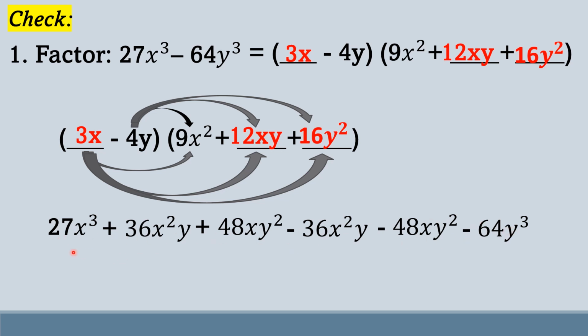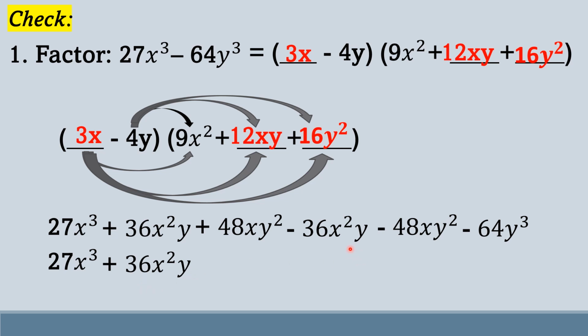Then after that, examine the partial answer. Now we are going to combine the like terms. So examine if there are like terms, and if there are, we're going to combine them. Since we only have one in the power of 3, we have 27x cubed. We're going to arrange them to make them easy to see. So we have 36x squared y.